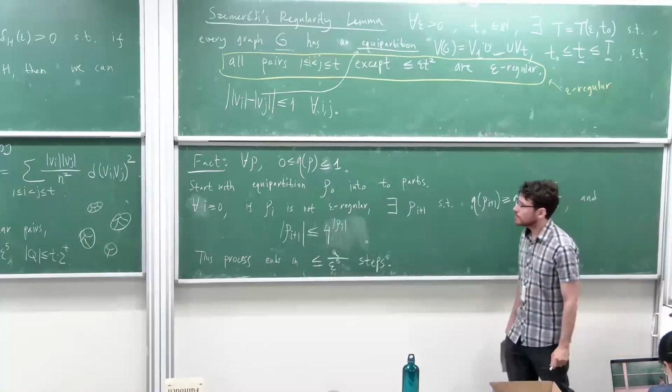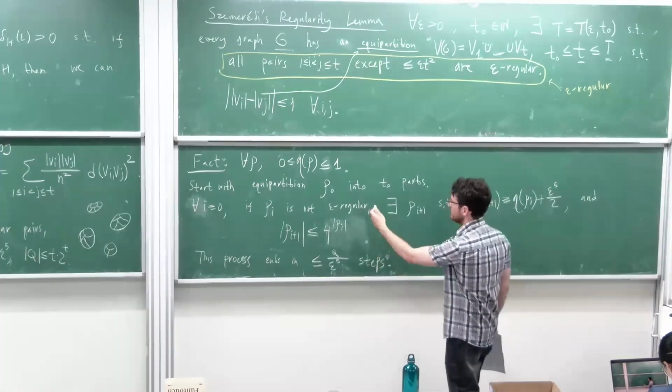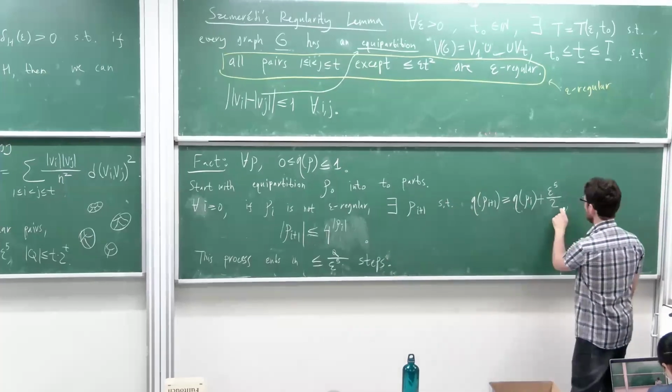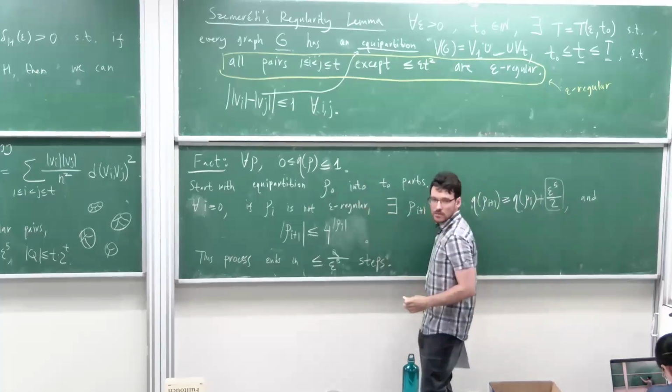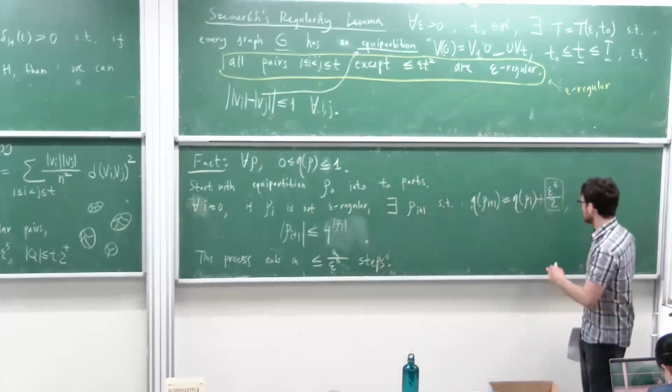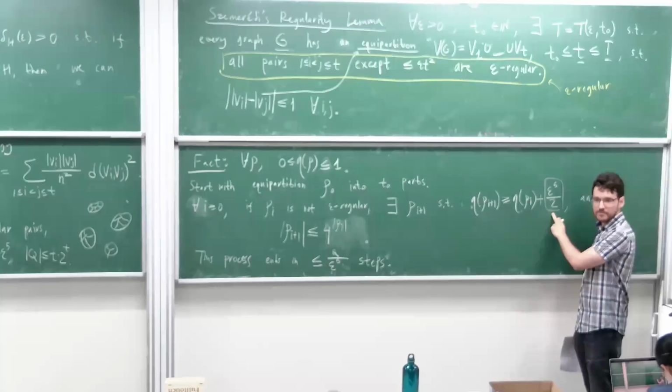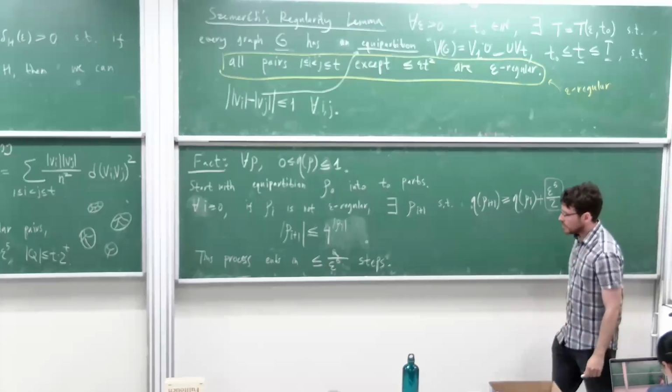Why is that true? Well, at each step, the energy increases by at least this number, but it cannot increase beyond 1, so the number of steps is at most 1 over this number. Okay, and this is the proof, right?